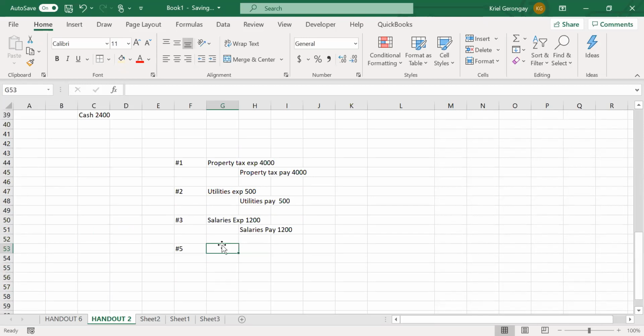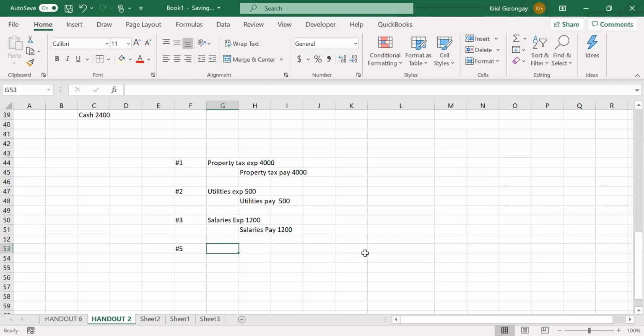In number 5, it says that the building account and equipment account had balances of 200 and 130, and the building is expected to have a salvage value of 16,000, while the equipment salvage value is 4,000, and the useful life for those assets is 20 years for the building and 10 years for the equipment. And so this adjusting journal entry for number 5 is basically depreciation.